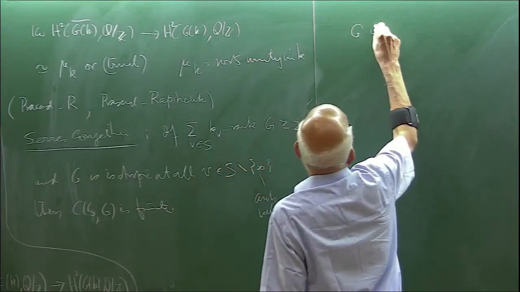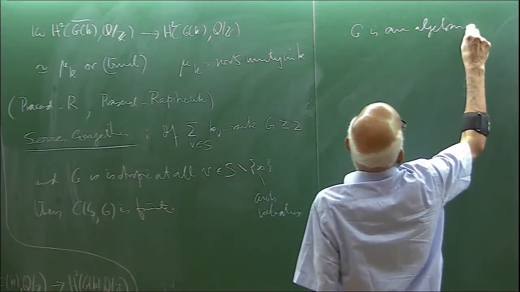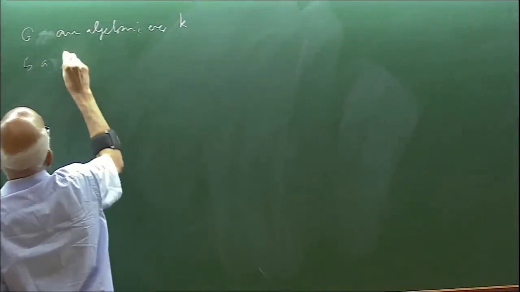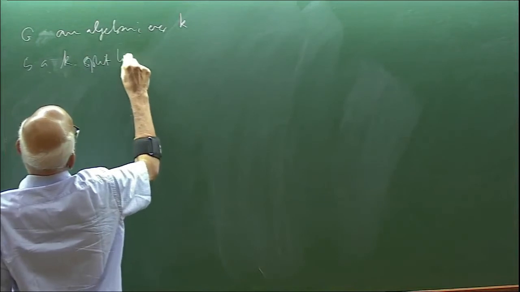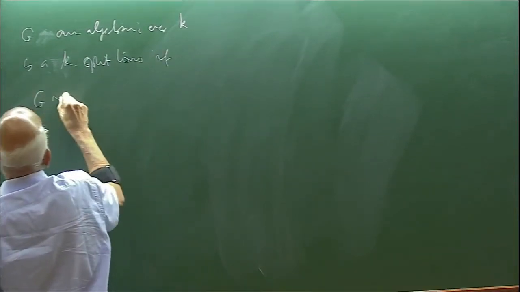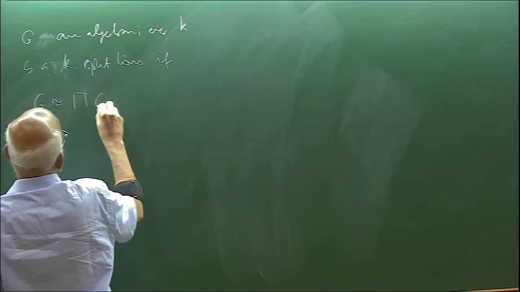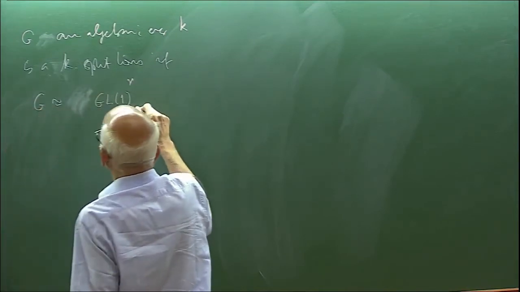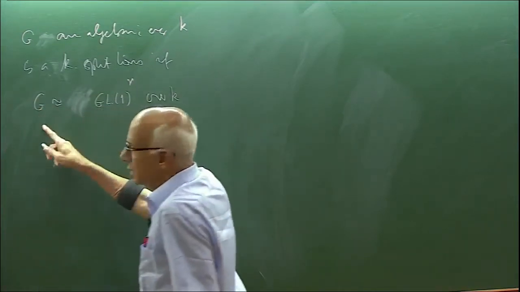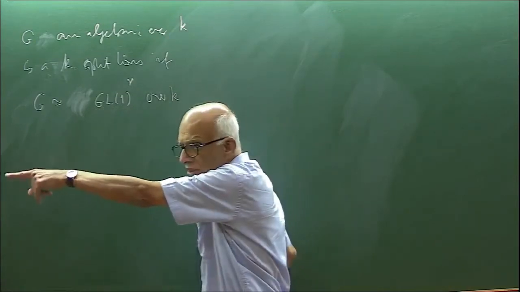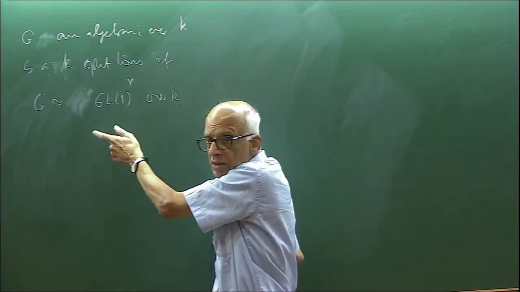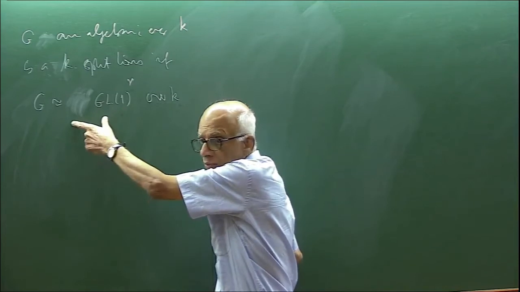If G is an algebraic group over K, it is a K-split torus if G is isomorphic to a product of R copies of GL1 over K. I said a torus if it's isomorphic to GL1 to the R over complex numbers. Here I demand that over K itself, it be isomorphic to GL1 to the R.